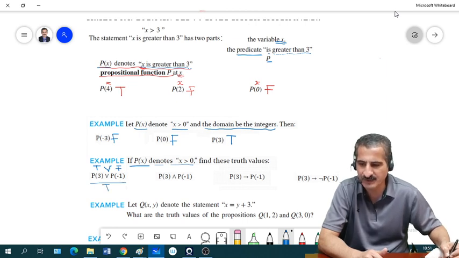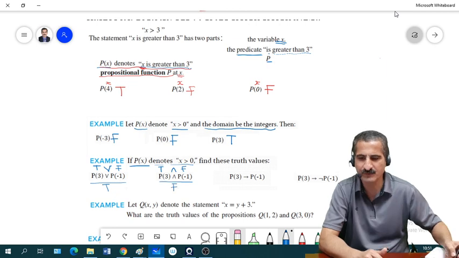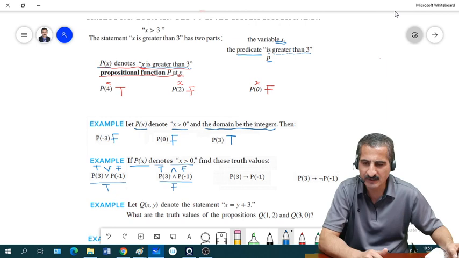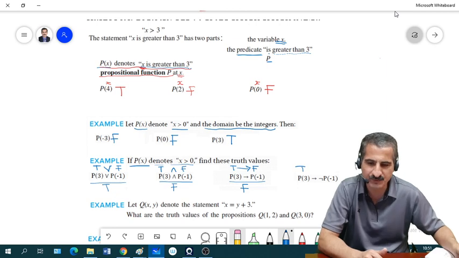Now again, P of 3 is true, P of negative 1 is false, and we have true and false, and the truth value is false. Again, P of 3 is true, P of negative 1 is false, true gives false, the resulting truth value is false. Here again, P of 3 is true, P of negative 1 is false, and the negation now becomes true. So true gives true, so the whole truth value is true.